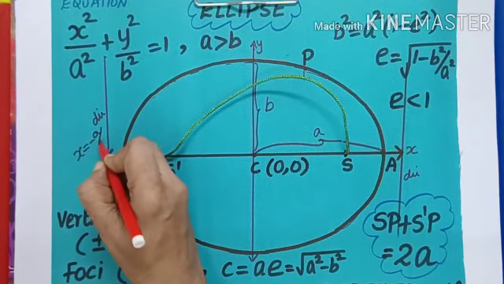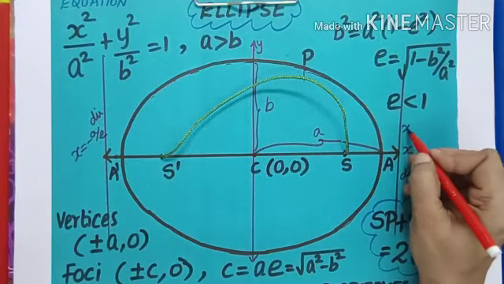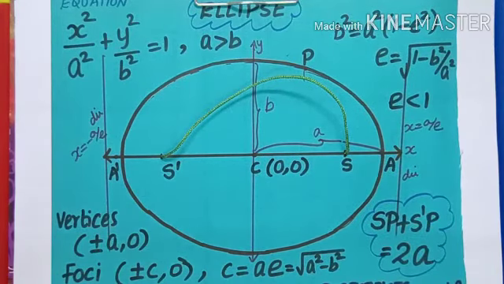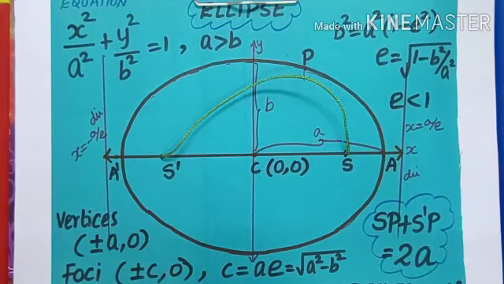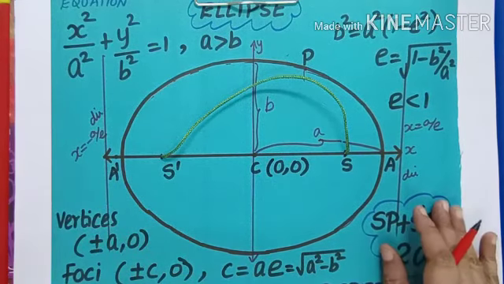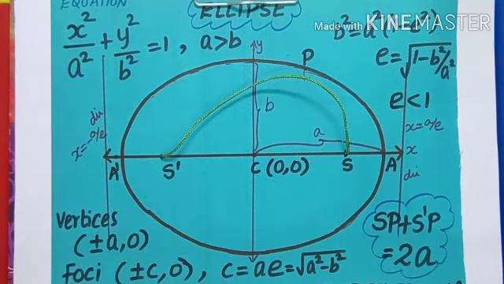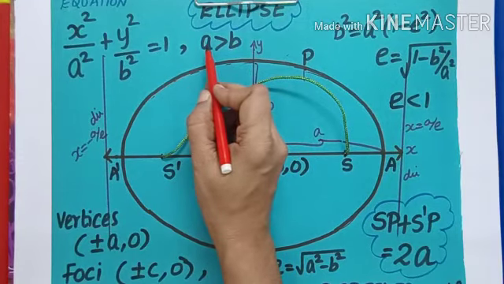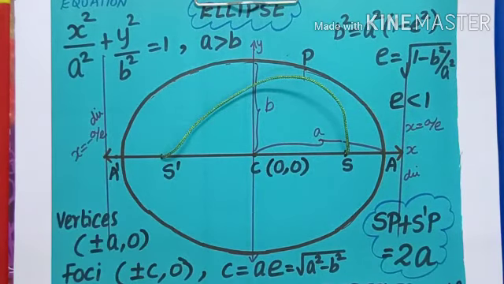X is equal to minus A by E and x is equal to plus A by E. As I say directrices, the plural form, we have x is equal to plus or minus A by E. This we call the standard form of an ellipse, the first type where A is greater than B and the bigger number is under x square.